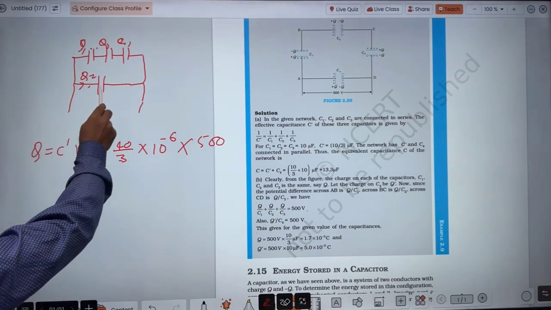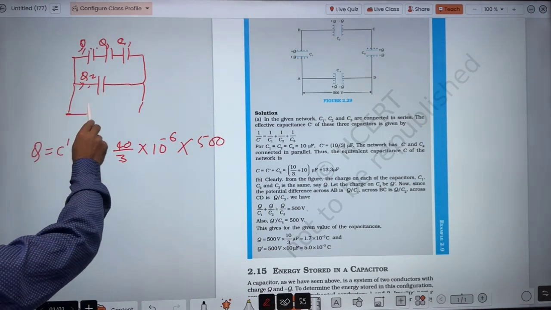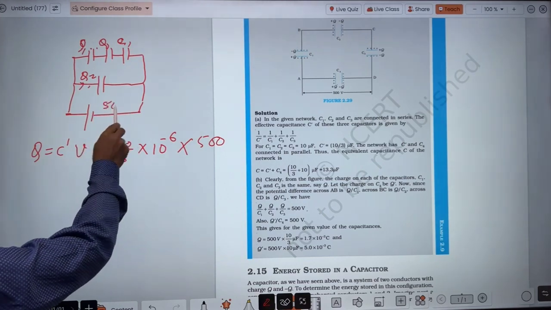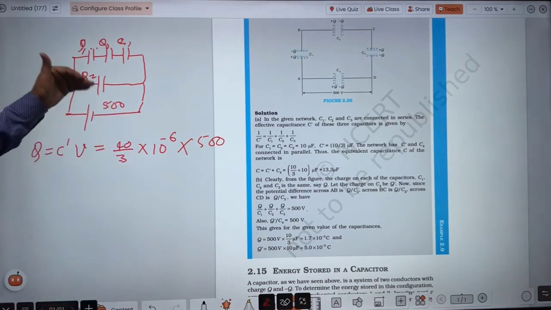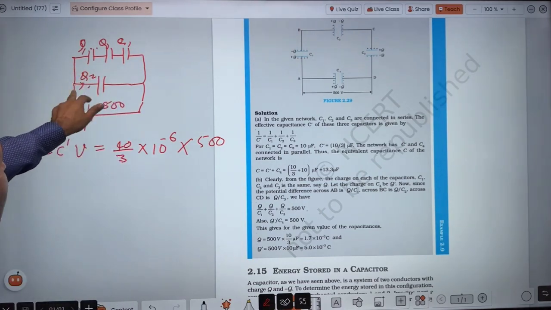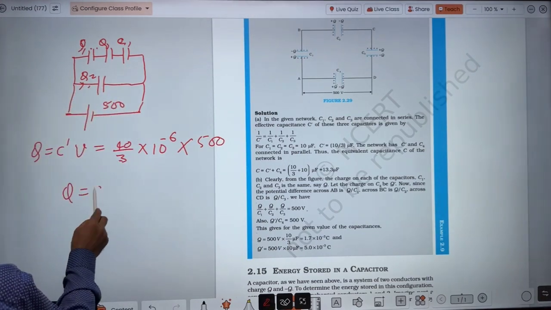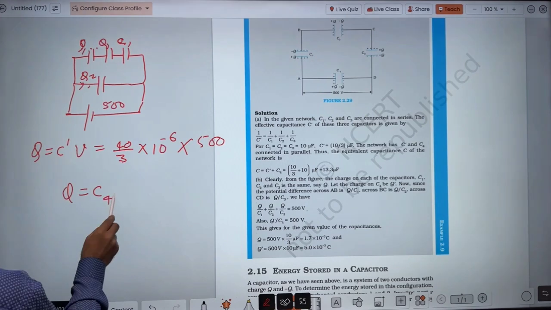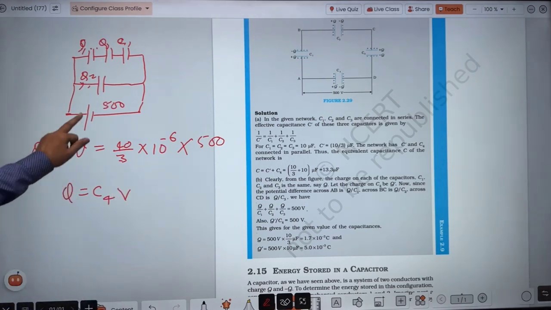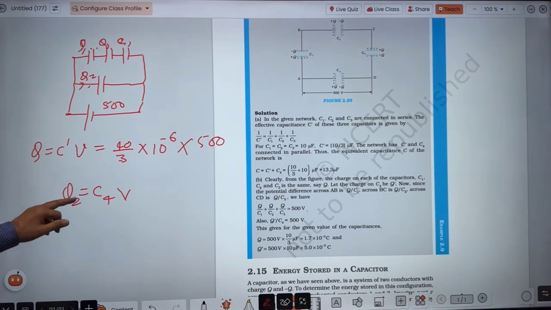Now for this capacitance, if voltage is here as 500 volt, so this entire voltage is for this. So for this you can apply Q equal to C, suppose C4, into V. So charge on this, here it is Q2, so you can find.